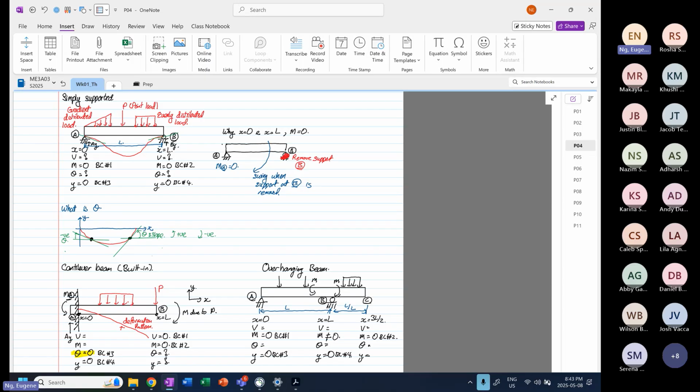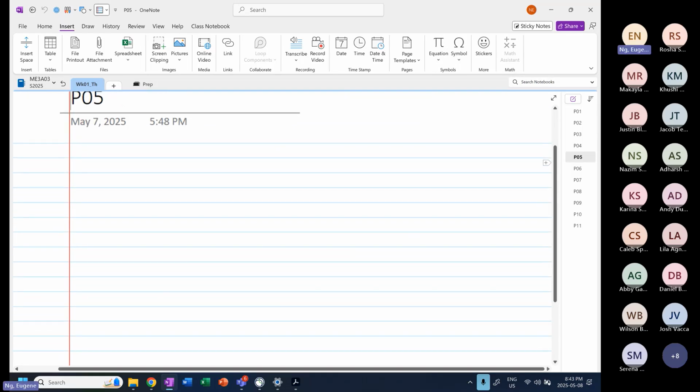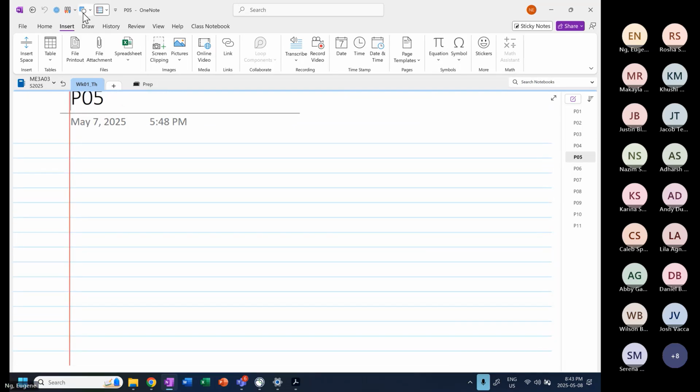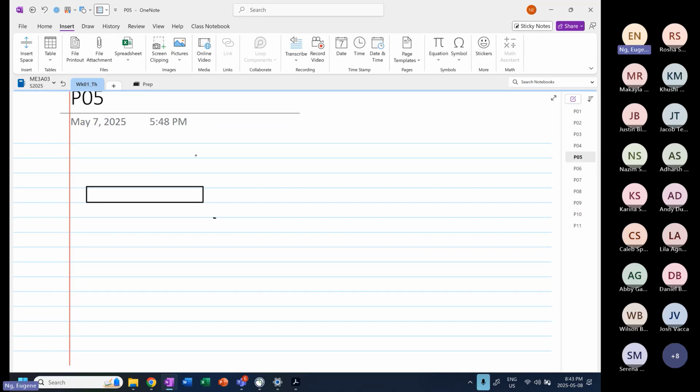We are going to do an example of a cantilever beam next. We have a beam, and the beam is built in.